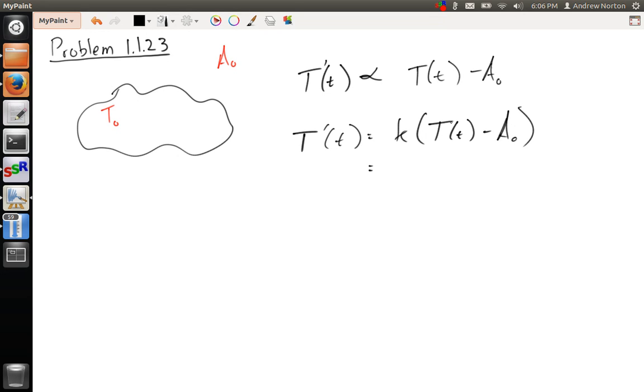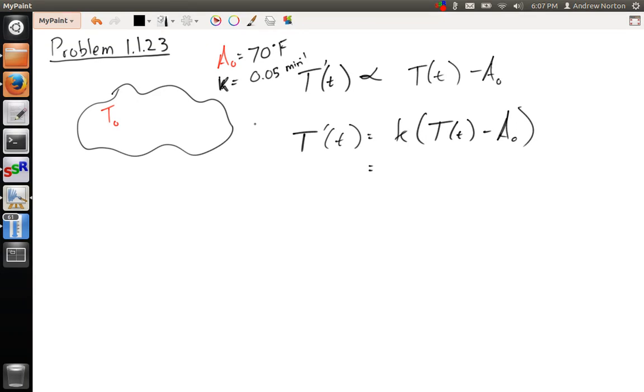But then they say, suppose that the ambient temperature is equal to 70 degrees Fahrenheit, and that our rate constant, so that's k, is equal to 0.05 inverse minutes. So that's like 1 over 20 minutes.